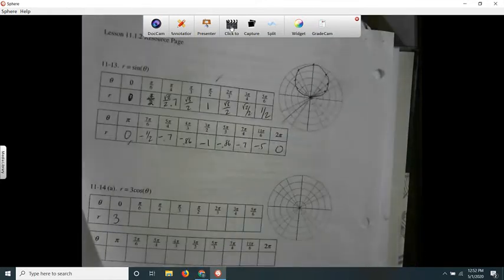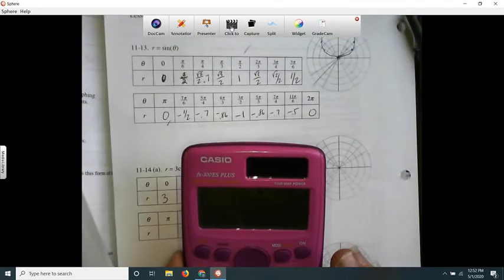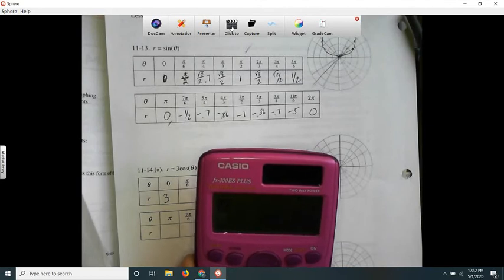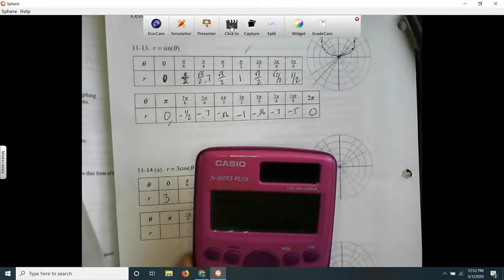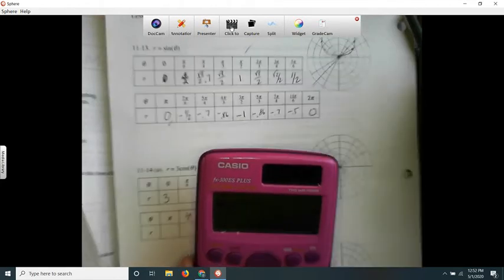Because we're doing 3 cosine theta. So that's going to be about 2.59.